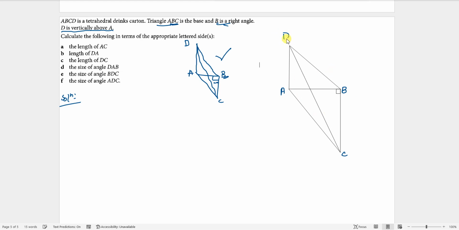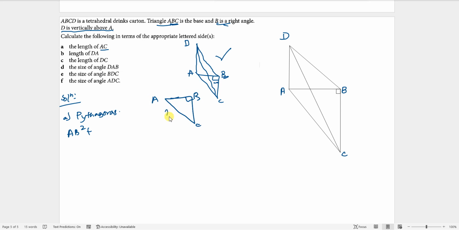Okay, now let's start solving part A: the length of AC. This is AC. So how can we find AC? We just use Pythagoras theorem. We have A, B, and C, and they're asking us to find the length of AC.